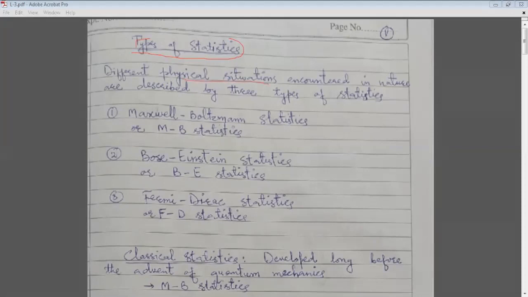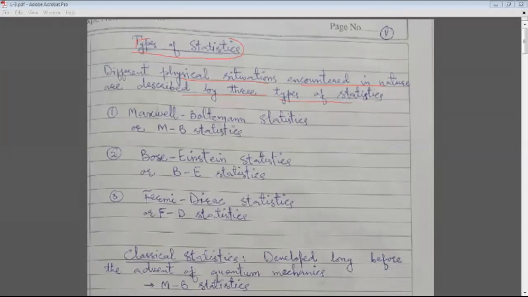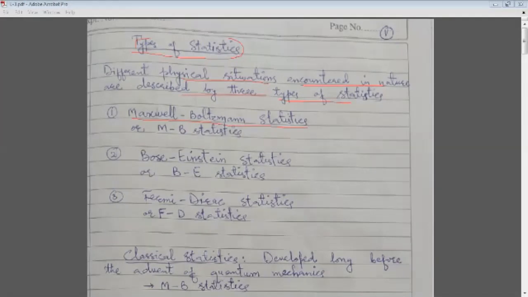Different physical situations encountered in nature are described by three types of statistics. First is called the Maxwell-Boltzmann statistics. This statistics is also called MB statistics.